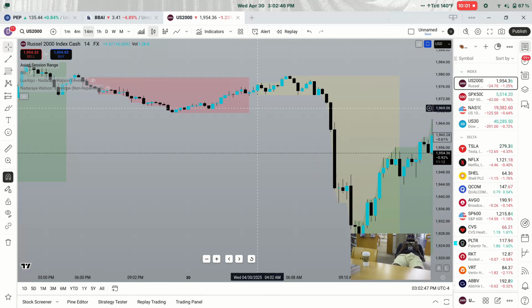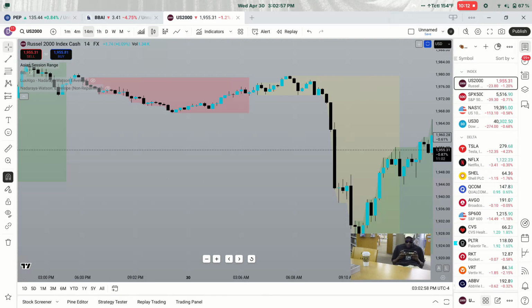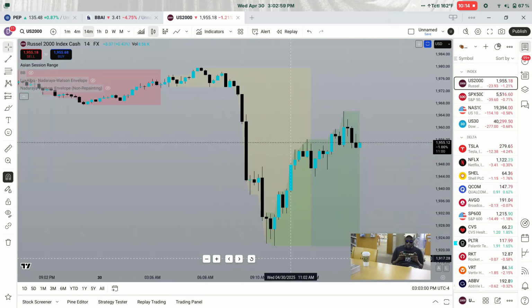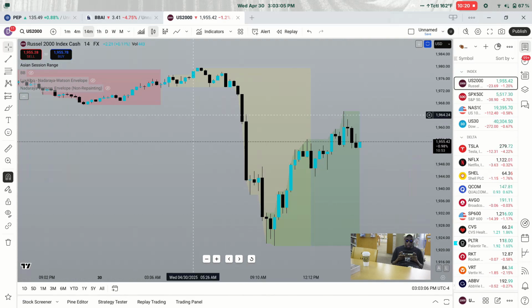Then from 4 a.m. to 12 o'clock, the market is open for the London range. And then we've got the U.S., which is from 9:30 to 4 o'clock. So it depends on how the market fluctuates.